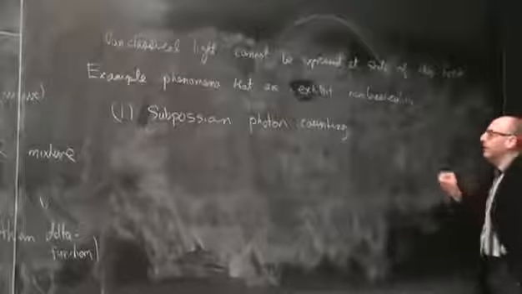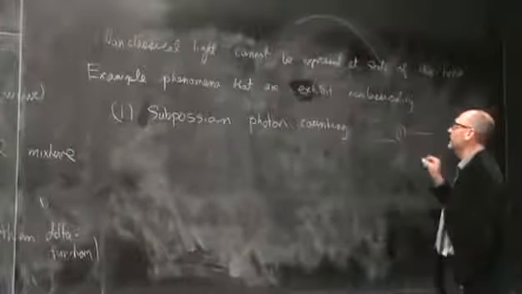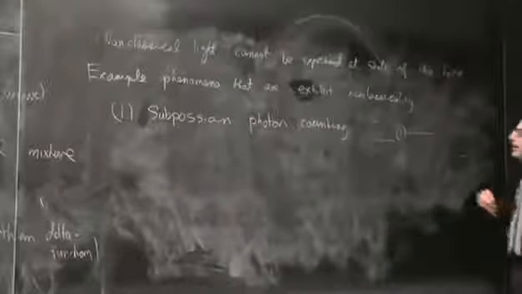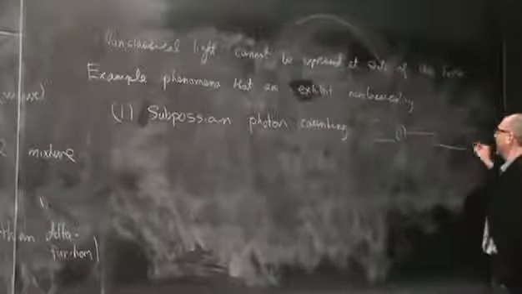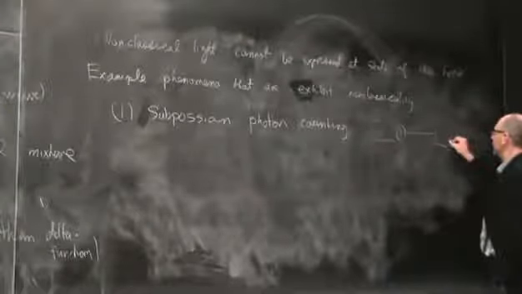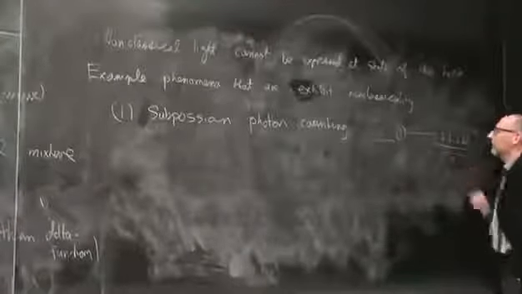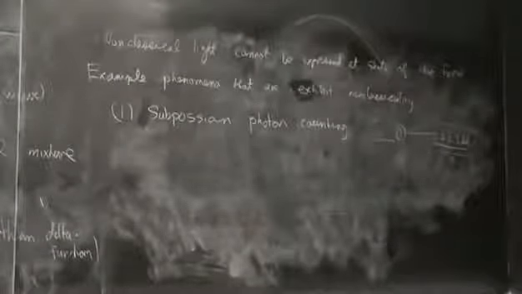So if we have a photon counter and we send our light beam onto this photon counter, we count for some time interval, we get some random clicks, and we ask about the number of photons that I get in that interval.